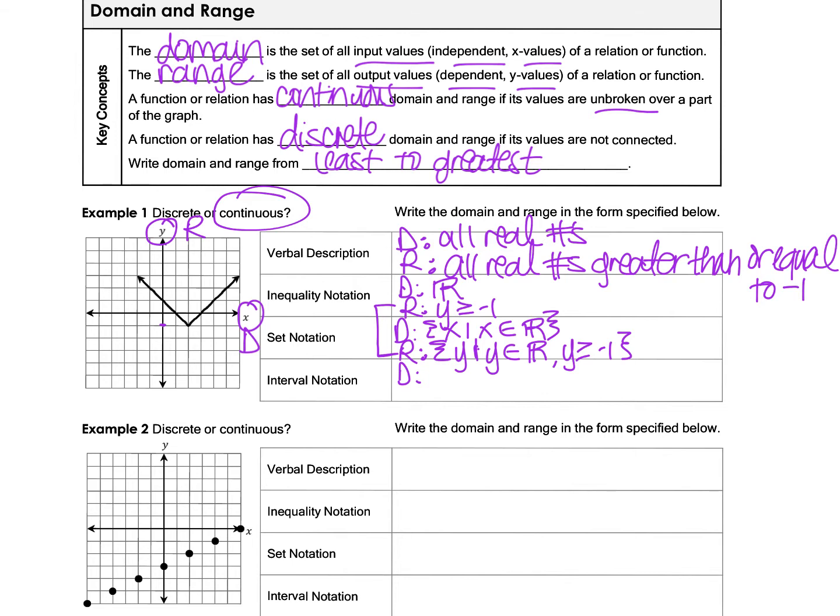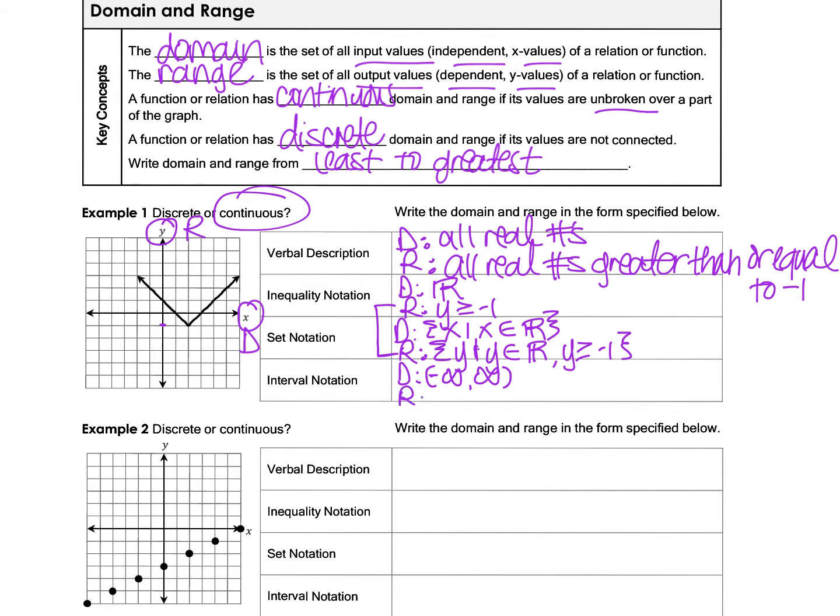So if you look, the smallest x value that would be used is -infinity, and it goes all the way to +infinity because we're using all real numbers. Now, next to the infinity sign, you'll put a parenthesis because it's never ending, it never stops. So it's not going to include any, it's just going to keep going and going.